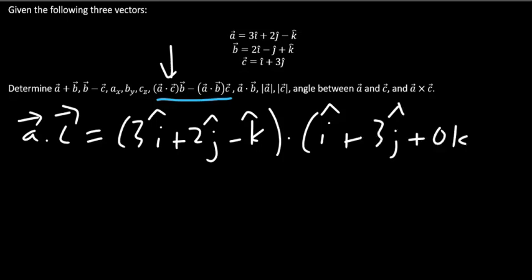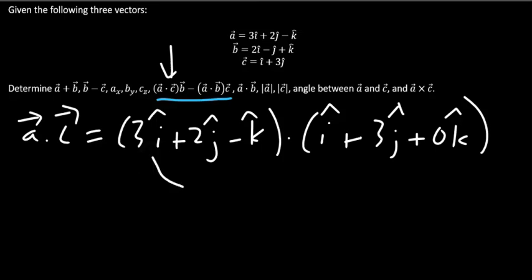Remember, there is no k hat, so you can simply write it as 0k hat. So how do we perform this dot product? Well, it's quite simple. i goes with i, j goes with j, k goes with k, because the dot product among different unit vectors will quite simply result in 0.